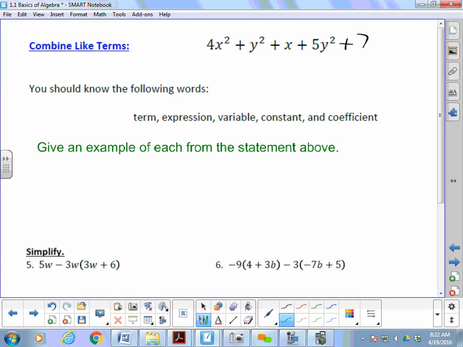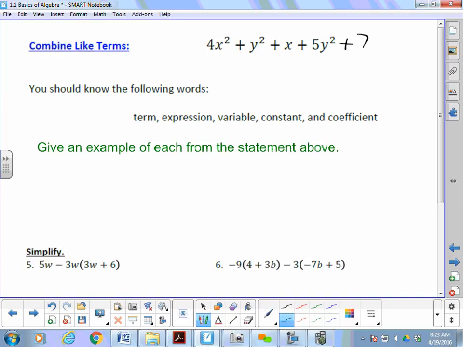Or I could say that 4x squared plus y squared would be an expression. Yes, Caleb. Okay. All right. Variable. How about a variable? Okay, x is a variable. So we have two variables up there, x and y. All right.